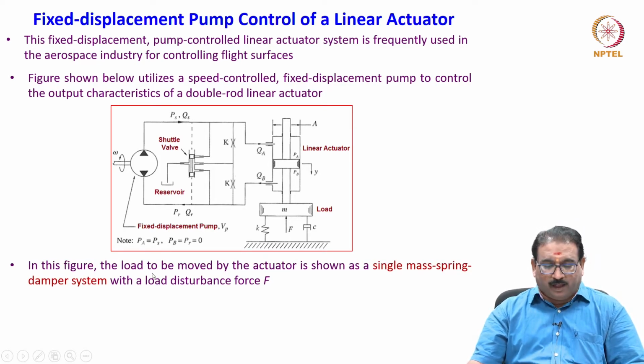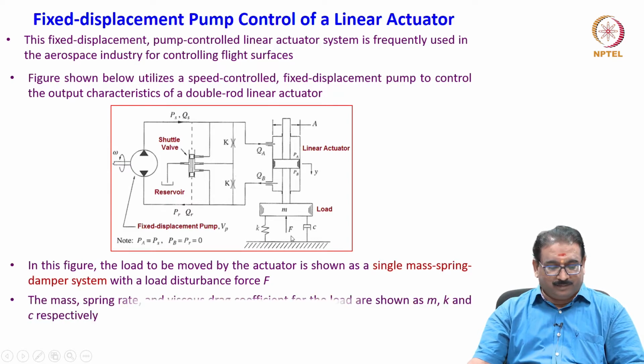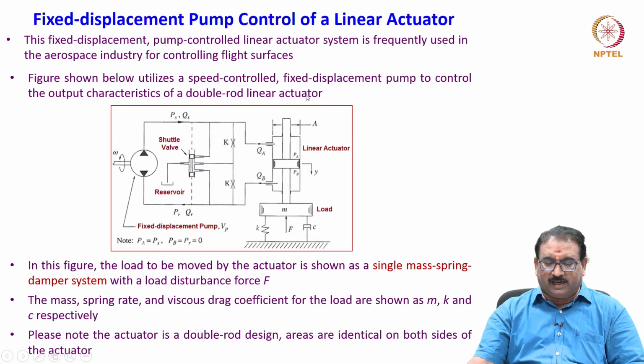In this figure, the load to be moved by the actuator is shown as a single mass spring damper system with a load disturbance force modeled as F. The mass, spring rate and the viscous drag coefficient for the load are shown in the figure as M, K, C. Please note the actuator is a double rod design, meaning areas are identical here and there, so pressures are the same.